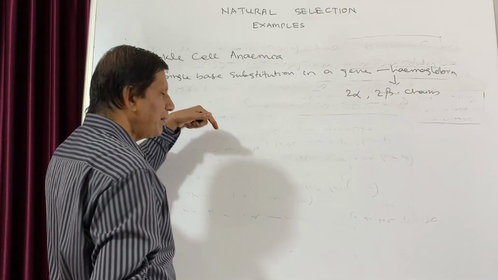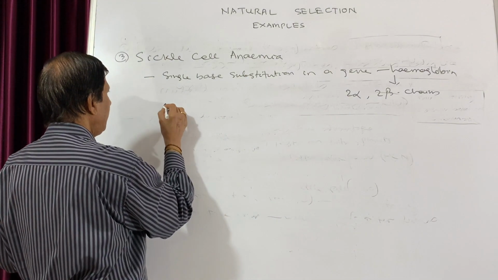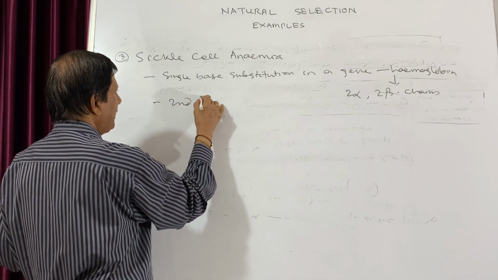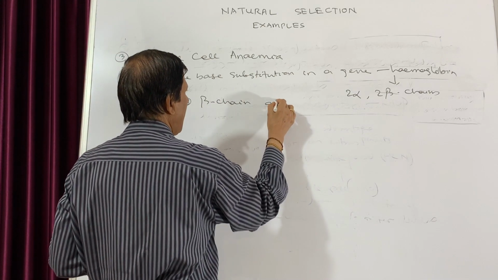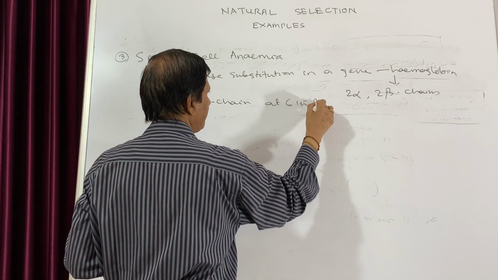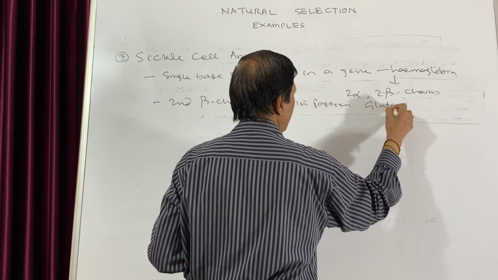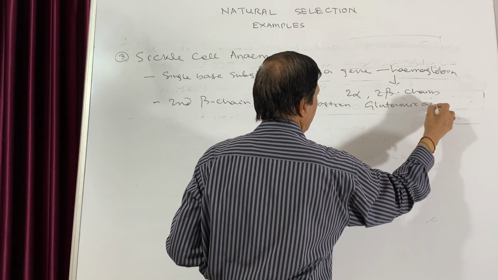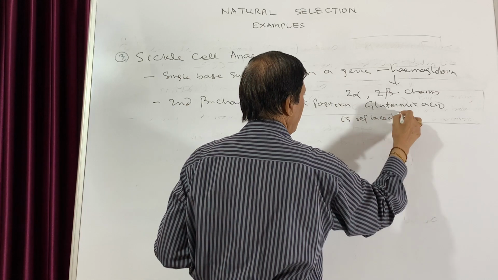As a result of this mutation, what happens in the second beta chain? At the 6th position, glutamic acid is replaced by valine.